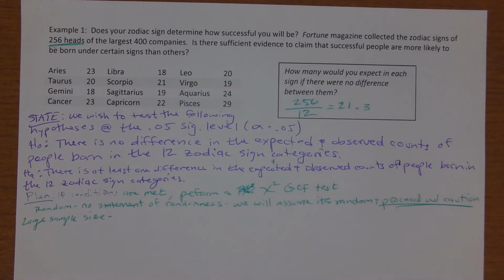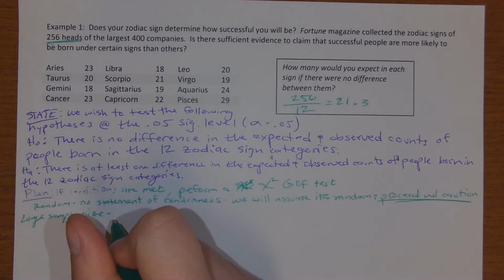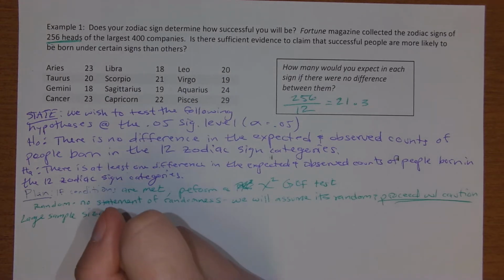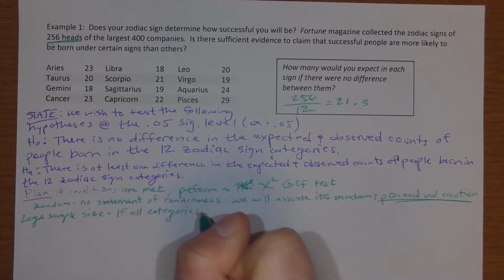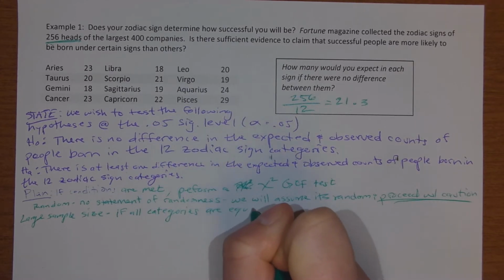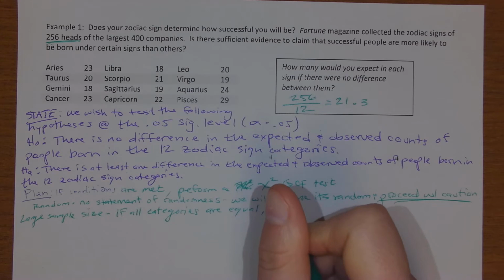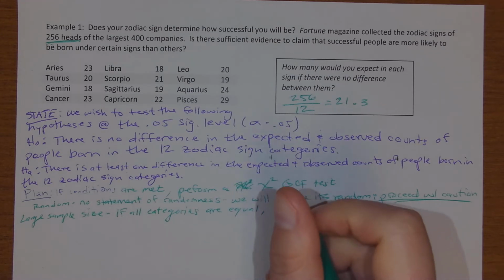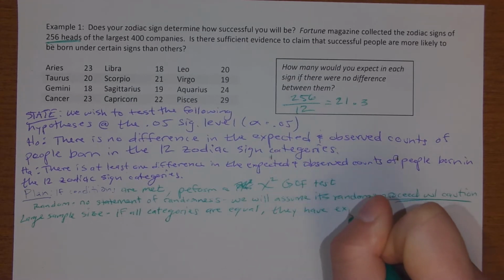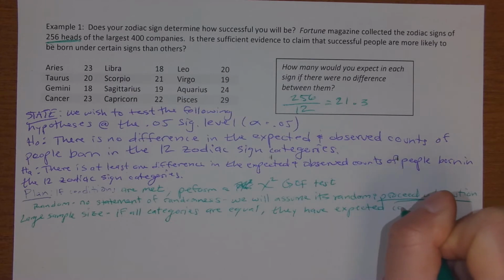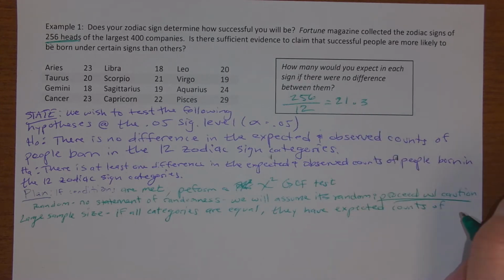Okay, so the large sample size here, if we take it back, it says all expected counts are at least 5. So every expected count is going to be 21.3. So here we gotta use words. So we would say, if all categories are equal, they have expected counts of, and we'd want to round that up to the nearest whole person.